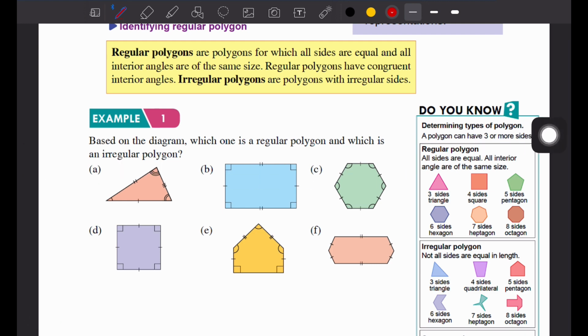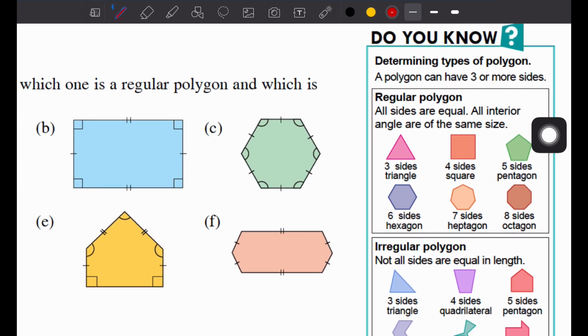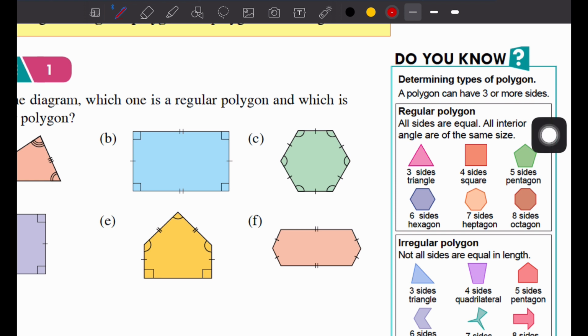Before that, look over here. Do you know? Determining types of polygon. A polygon can have 3 or more sides. Kenapa mesti 3? Why must it be 3?